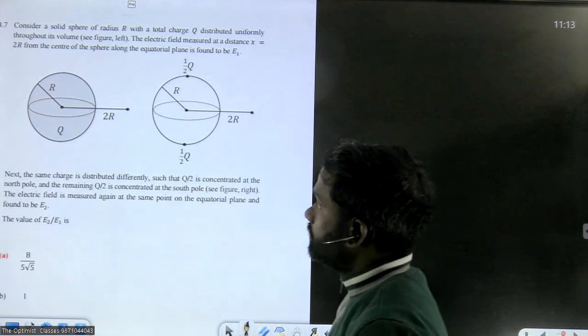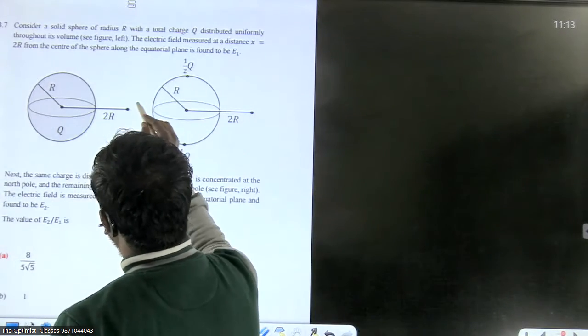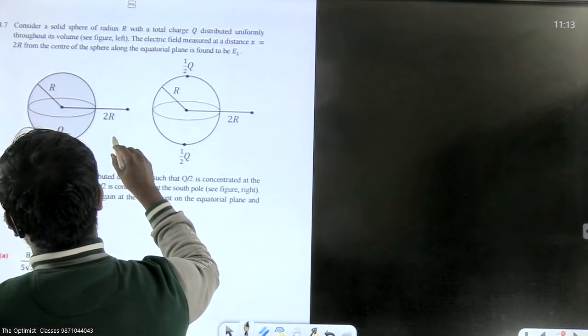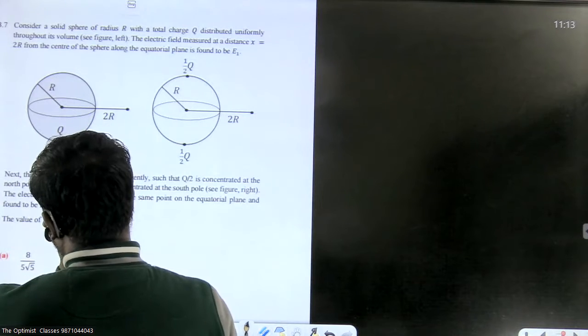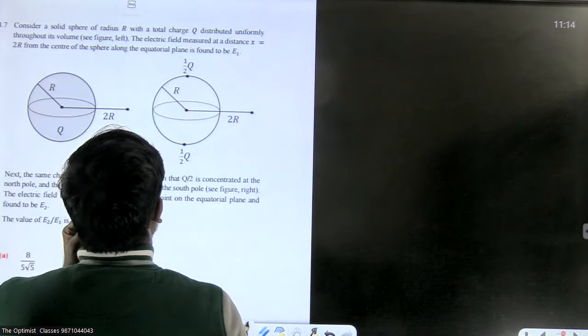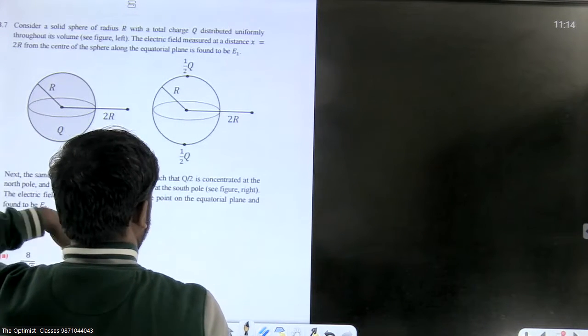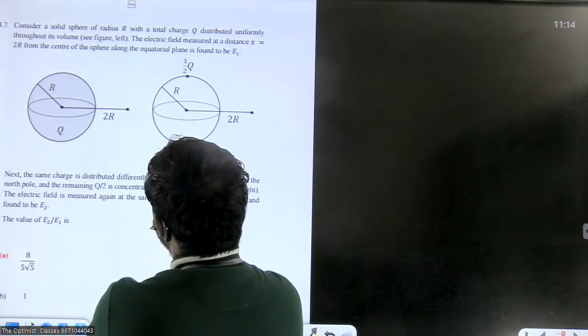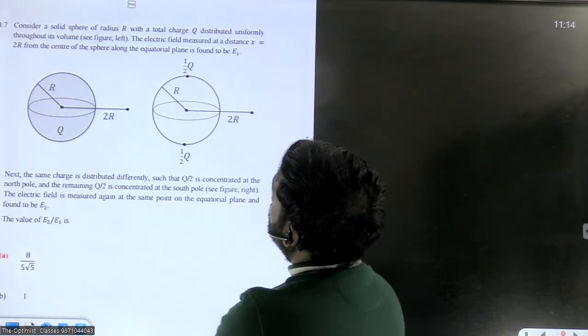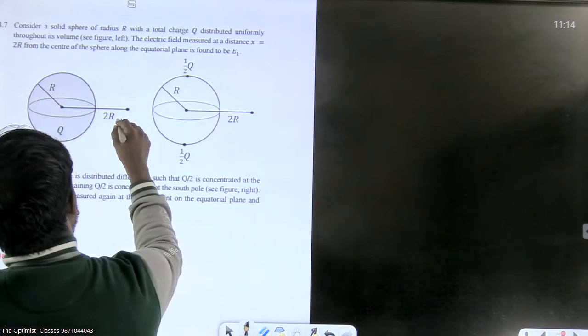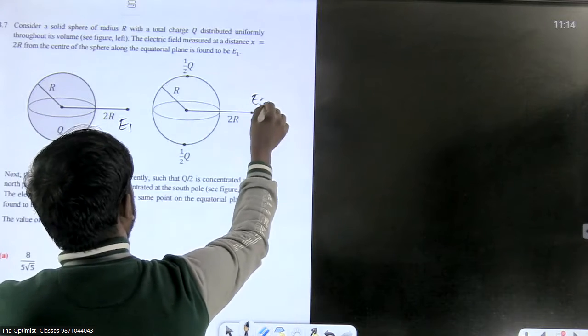Next, this is a very simple question. Here we have to calculate electric field and here we have to calculate electric field. In this case, here electric field is E1 and here electric field is E2.